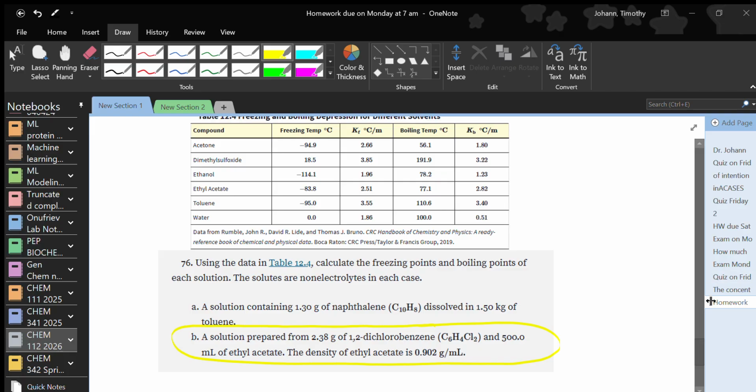Okay, so what I want to do is look up my constant for ethyl acetate. It's right here. All right, so my K freezing is going to be equal to 2.51 degrees Celsius per molal. Guys with me?